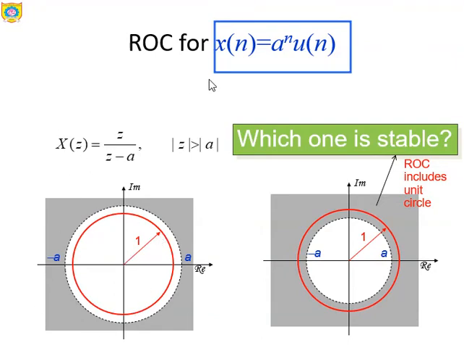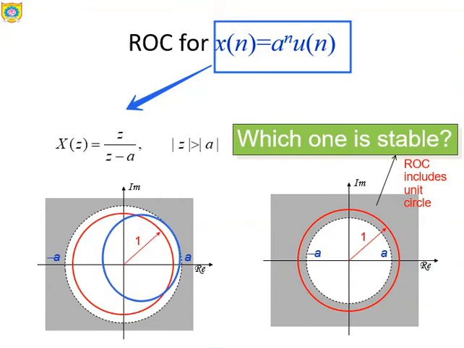So X of z for this, for x of n equal to a raised to n, this is the Z transform. And if I assume the first condition that a is greater than 1, then this is the ROC we are getting.